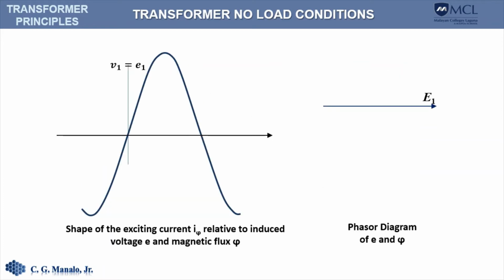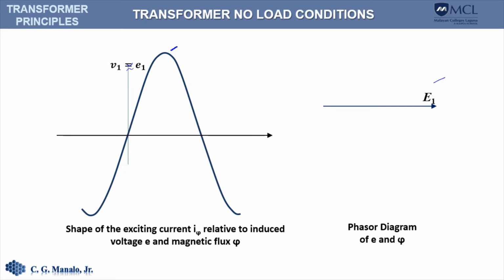Let us show the relationship of the applied voltage, the exciting current, and the flux in terms of waveforms and phasor diagrams. So here we have the applied voltage that is roughly equal to the induced voltage and shown here as a sinusoidal waveform. The corresponding phasor is shown here.